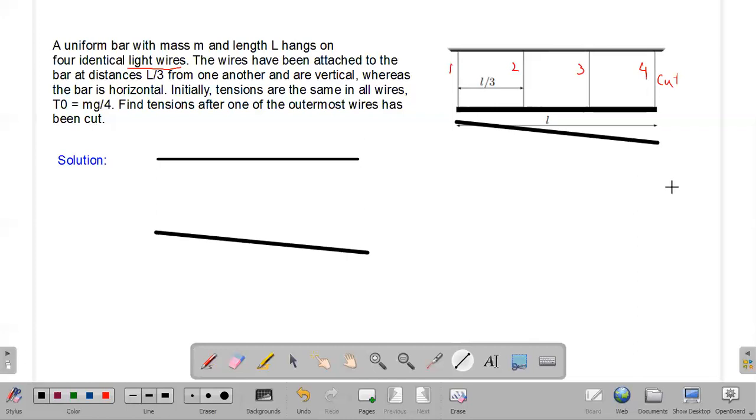It will move downward by a very small distance, and it will also rotate by a very small angle, due to which wire number 1 will be elongated by a very small distance, which I suppose as x1. Wire number 2 will be stretched by a small distance, let us suppose x2, and wire number 3 will be elongated by a very small distance, let us suppose x3.